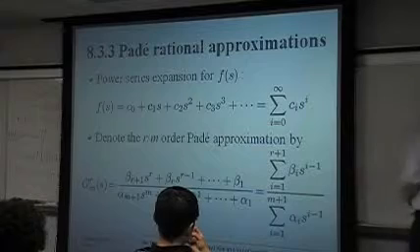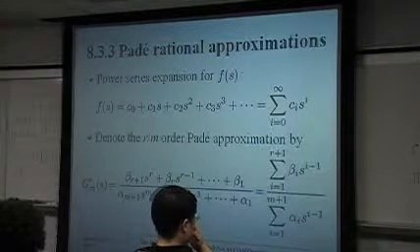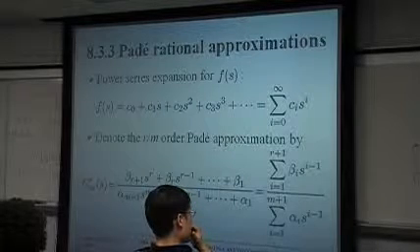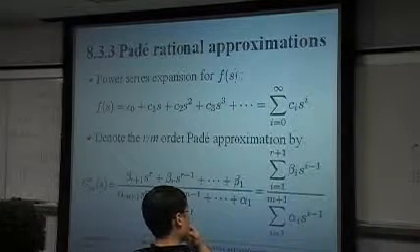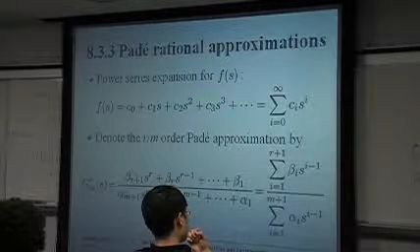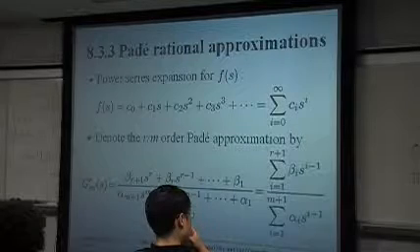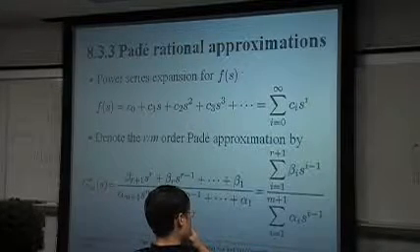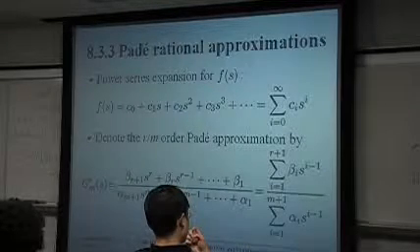For instance, we must retain the first R plus M plus 1 terms, and truncate the others. We cannot reserve all the terms. And I will explain to you why we need this number of terms.